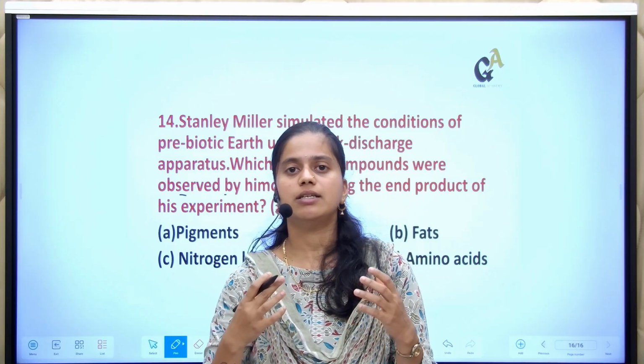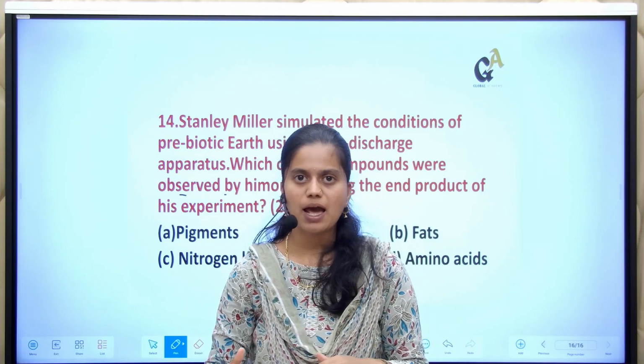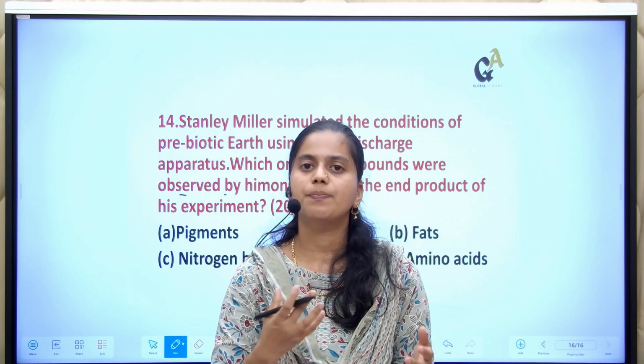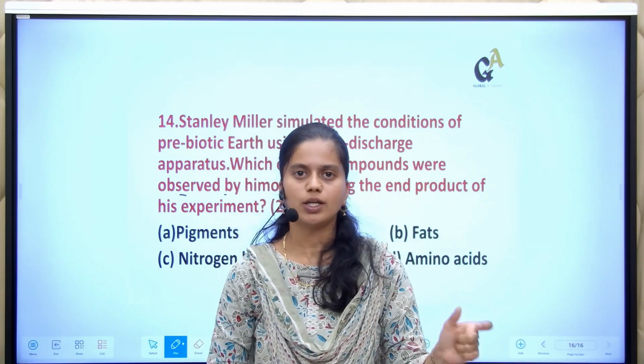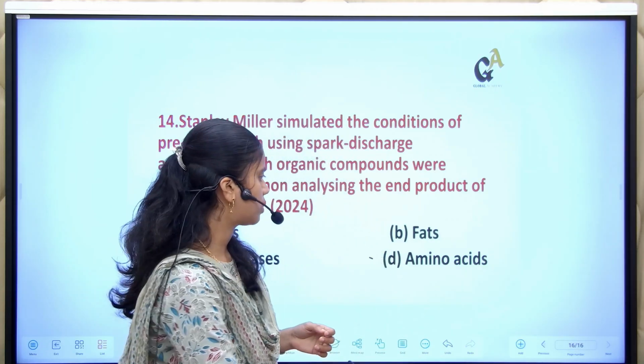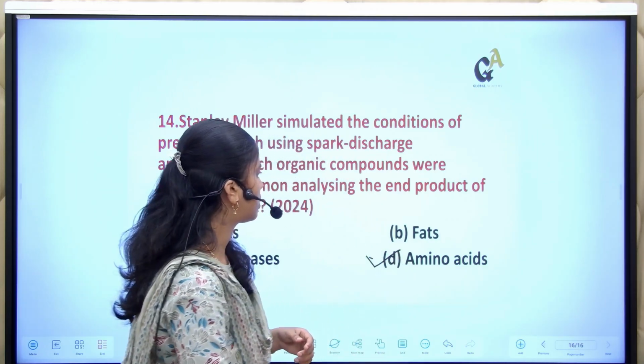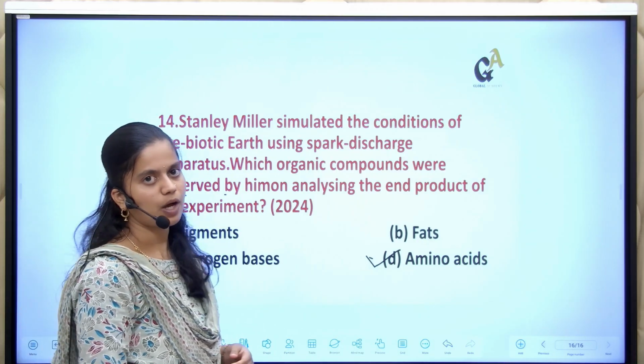Later on he passed a spark through this mixture, which led to the formation of simple organic compounds. Among these, the first products were amino acids. So the end product here is amino acid.